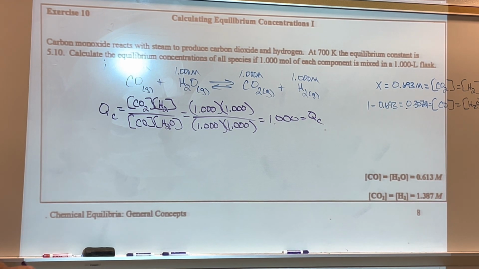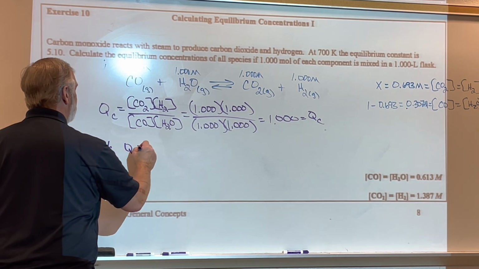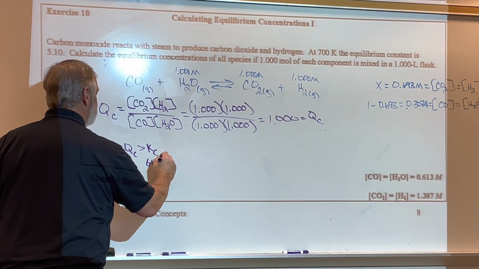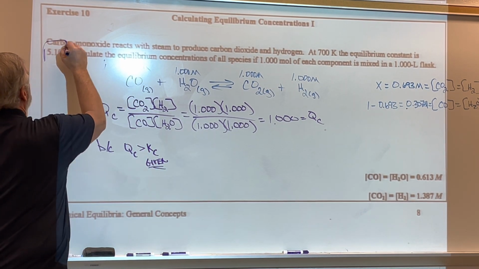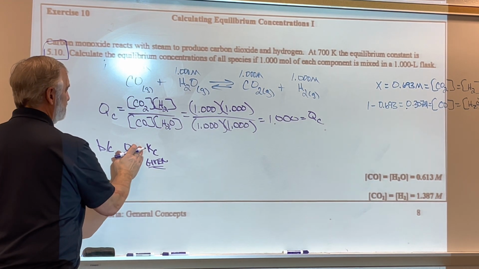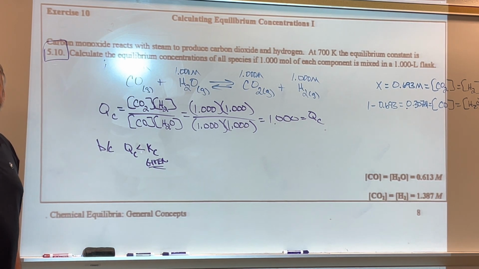All right, now, because Q is greater than K, and this is given, this K was given, that's this K right there. Oh, pardon me, try this again. Q is less than K, 1 is less than 5, I'm sorry. 1 is less than 5.